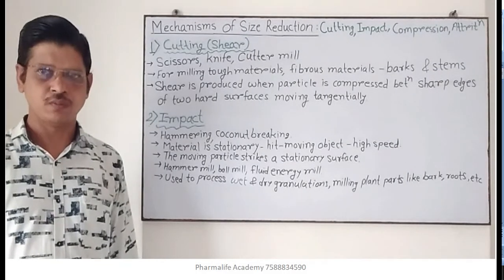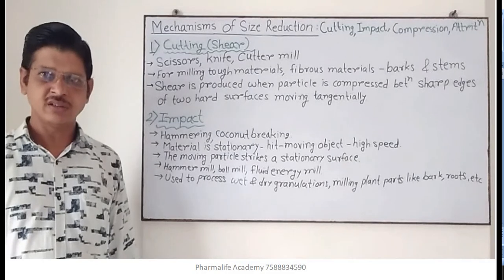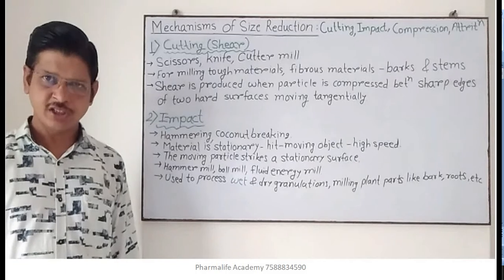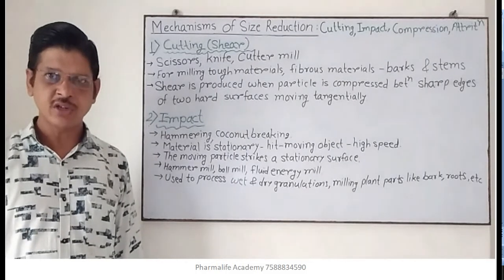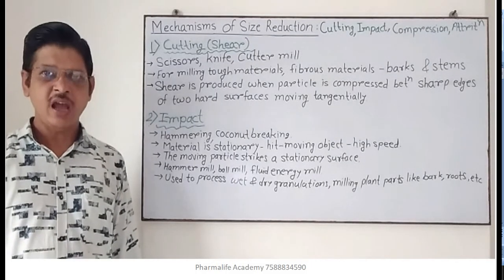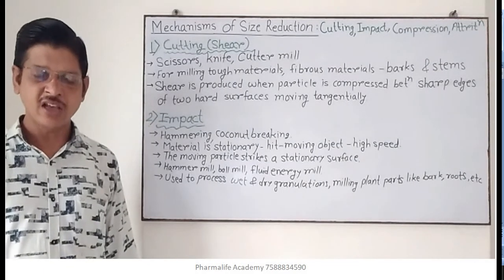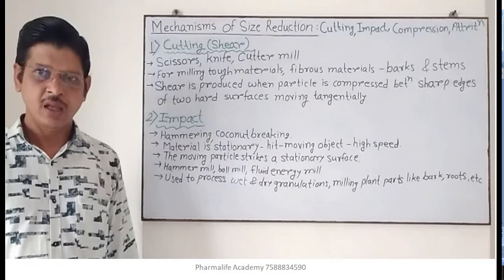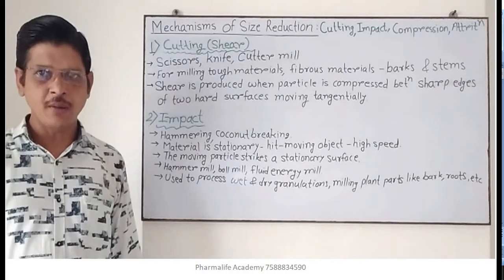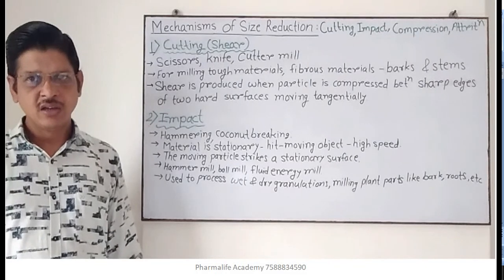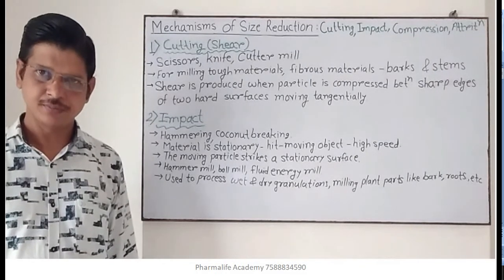In case of size reduction with a hammer, the material of which size is to be reduced is stationary and it is hit by a hammer at high speed. In case of coconut breaking, the coconut strikes a stationary surface.